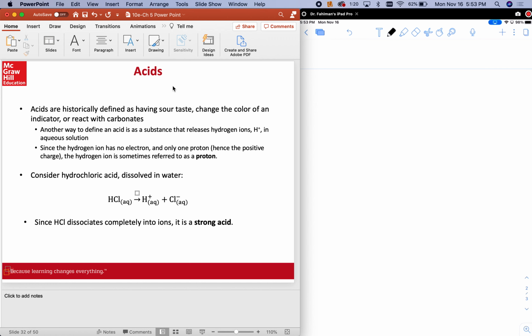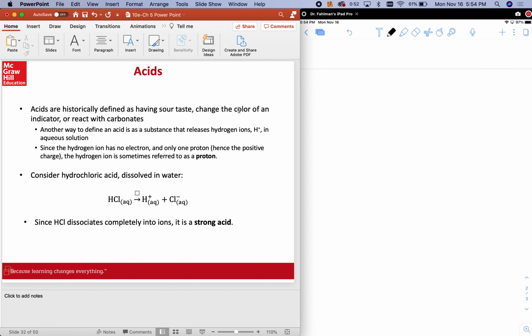I wouldn't recommend you tasting them to determine if it's an acid or base, though. This is really kind of an antiquated definition of an acid. You'll see this in a lot of textbooks, that acids have a sour taste, but I would not want to taste hydrochloric acid. I think that would probably eat your tongue off. So that's just a definition, I guess.